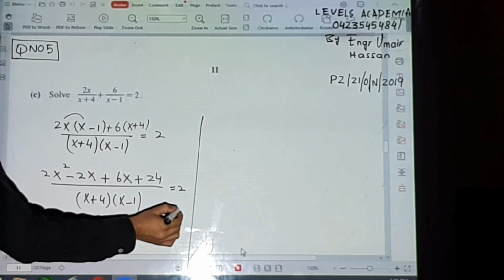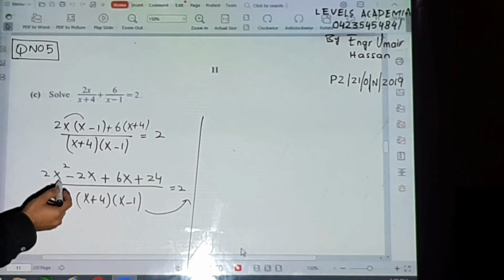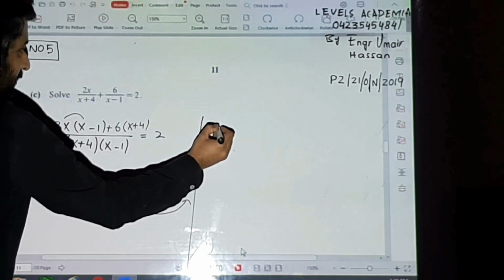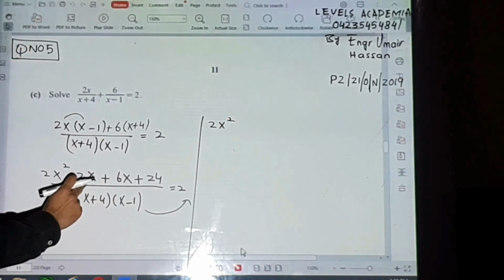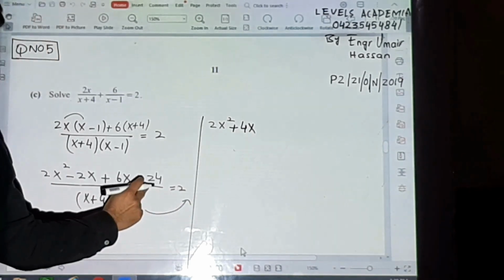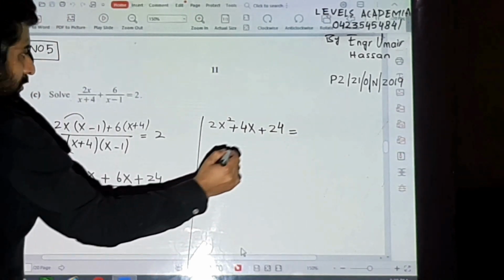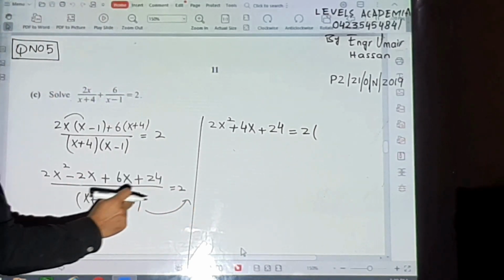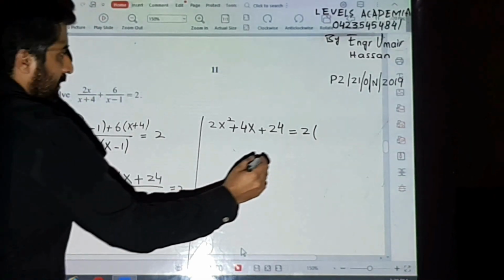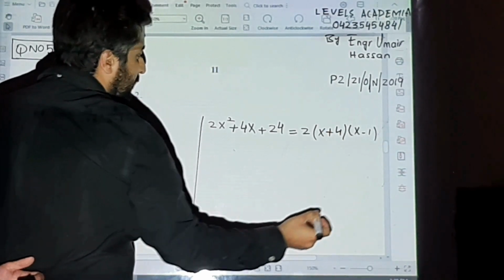Now, we can move these two brackets on the right side and we can simplify here in the numerator. So, 2x square will be as it is, 2x square minus 2x plus 6x is plus 4x plus 24 equals 2. 2 multiplied by x plus 4 and x minus 1.